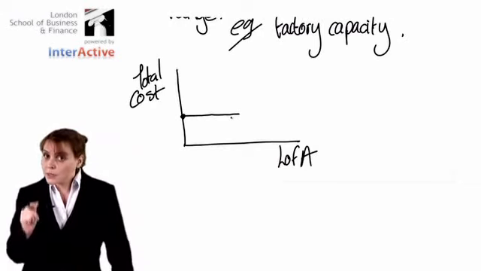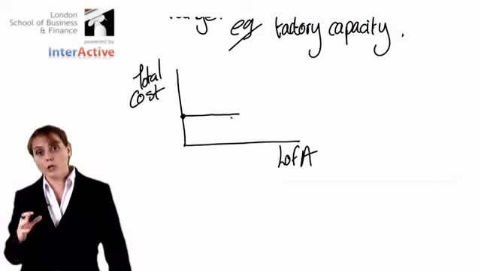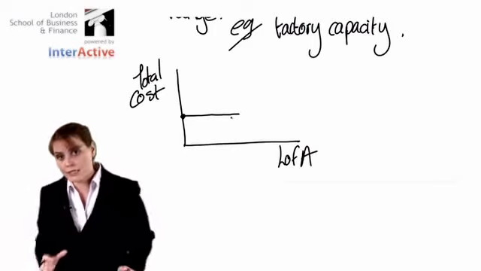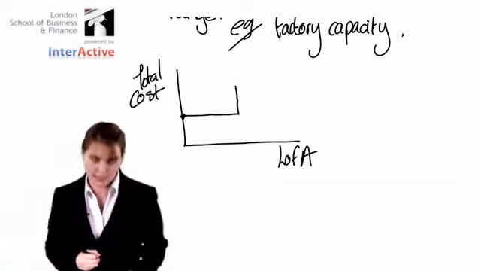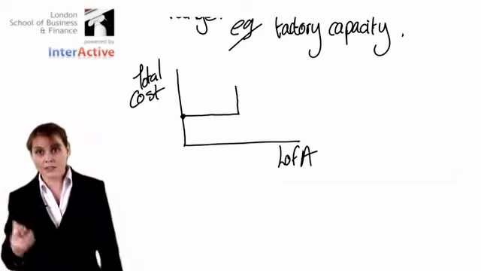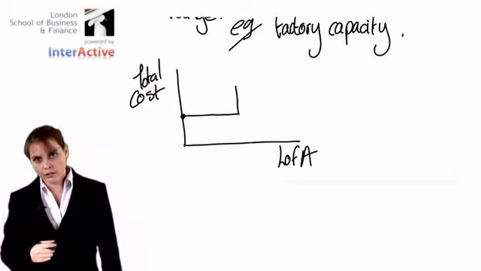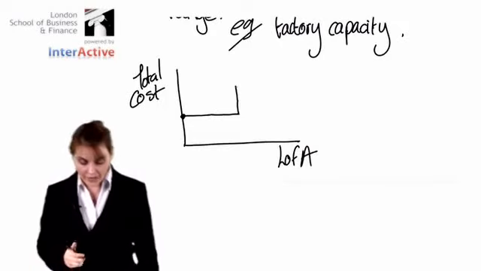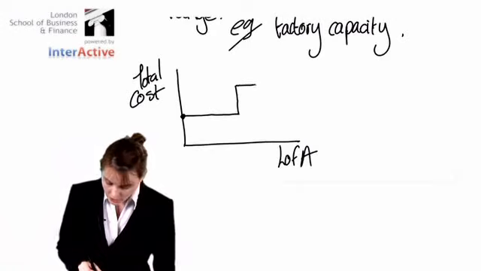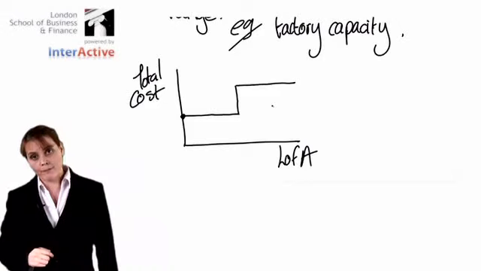However, once we get to a certain level of activity, in our example, that's 1,000 units, once our level of activity goes above 1,000 units a day, we are going to have to rent a second factory. So our fixed costs will increase to some new higher level. Then as our level of activity increases again above that threshold, our costs will remain constant at that new higher level.